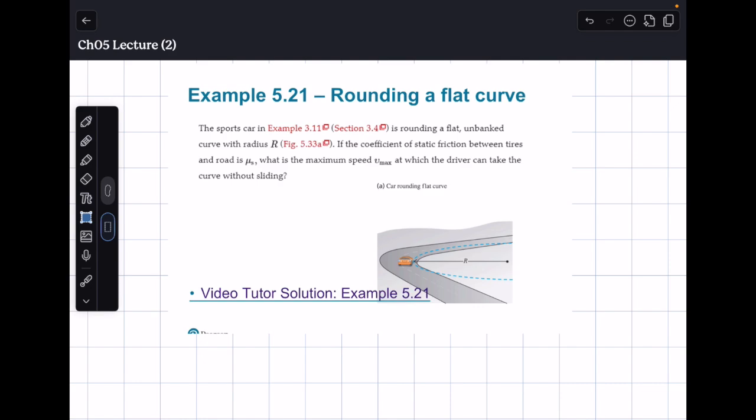When we draw a free body diagram of the car, we're probably going to want to make our x and y axis like this, where the y-axis is going to provide us the normal force and the weight in the negative y. And the x-axis will give us the direction that the centripetal force is pointing.